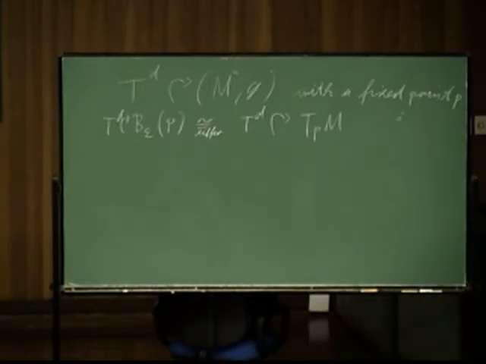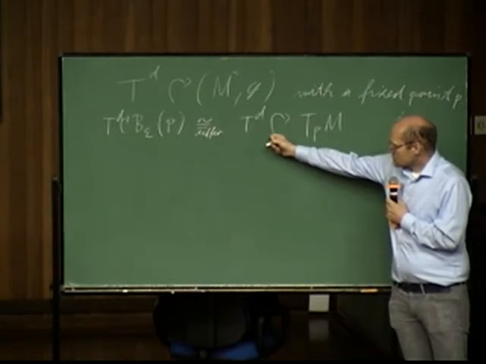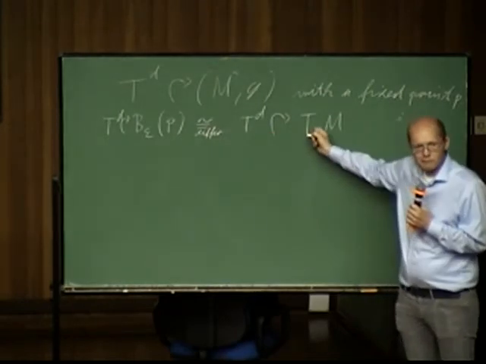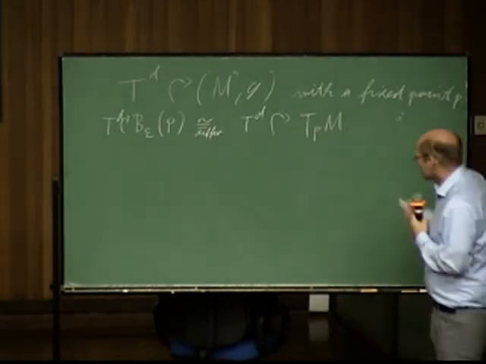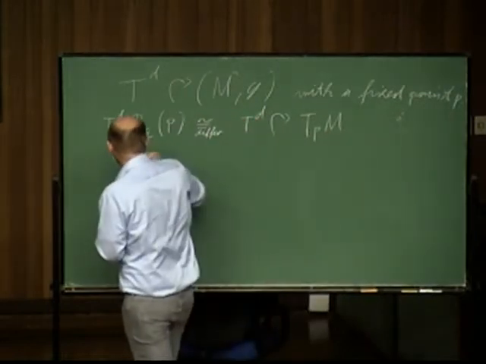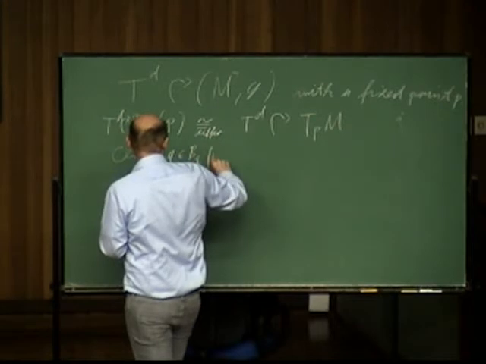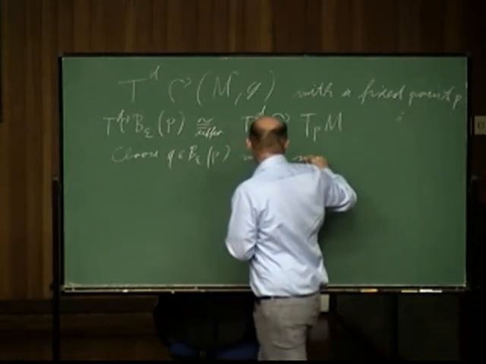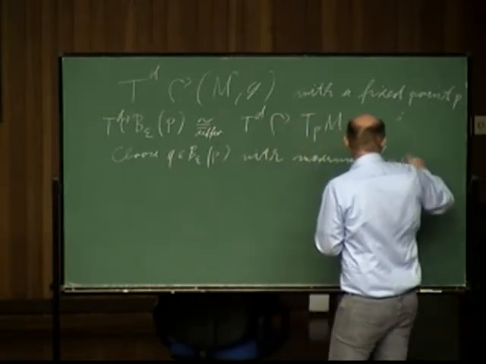And now you can look at it. In general, of course, this representation will have points with finite isotropy groups, right? So you can choose a vector, choose Q in the epsilon ball with maximal finite isotropy group.